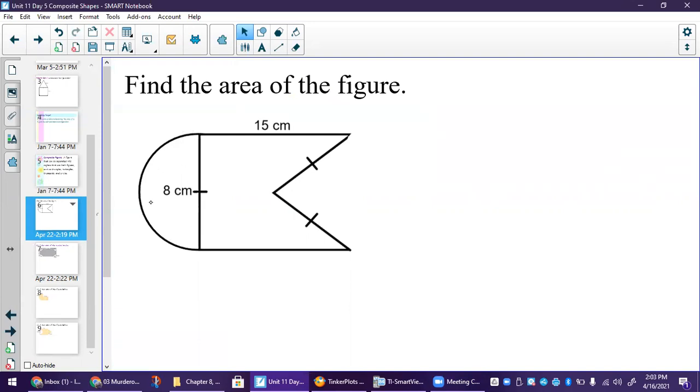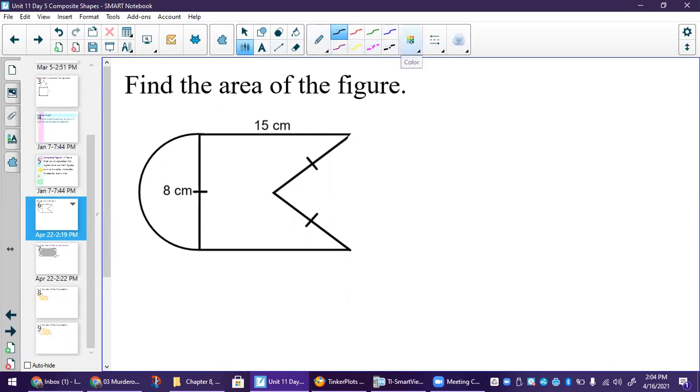Over here, we have a half circle, and then we have this goofy shape here. There's a couple of different ways that we can look at this shape. How I'm going to choose to look at it is like it is a rectangle missing a triangle.